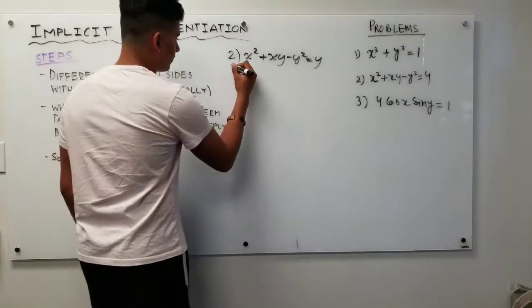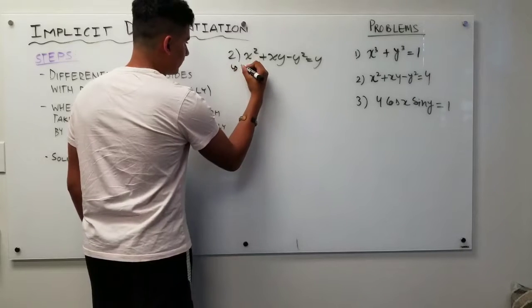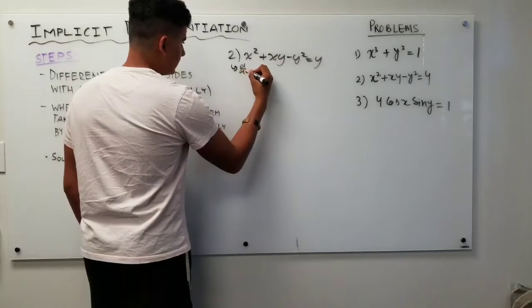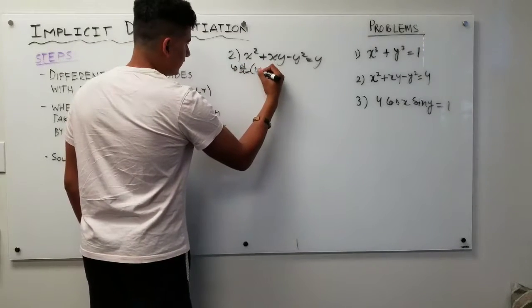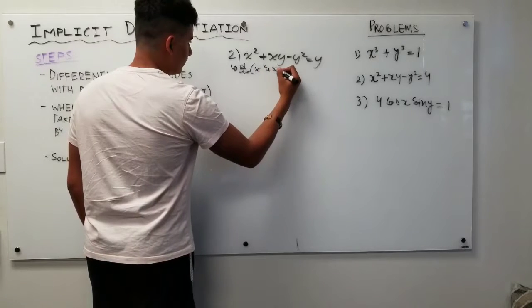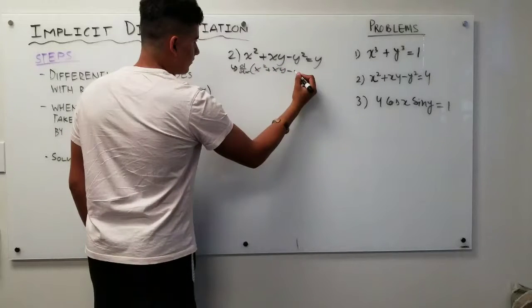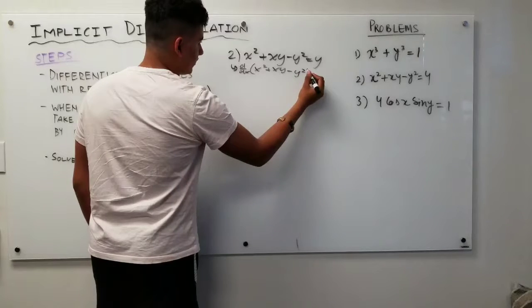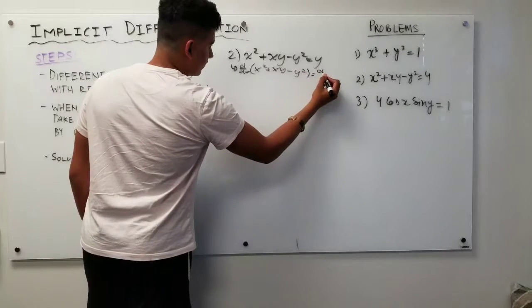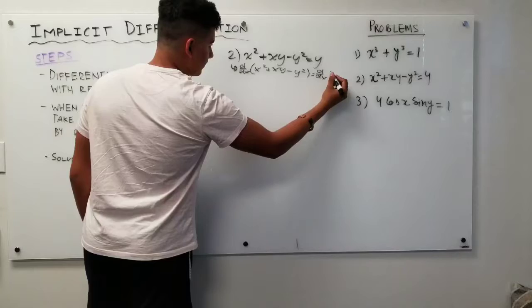Again, we take d dx on both sides: d dx of x squared plus xy minus y squared is equal to d dx of y.